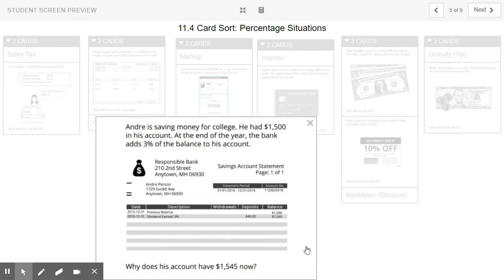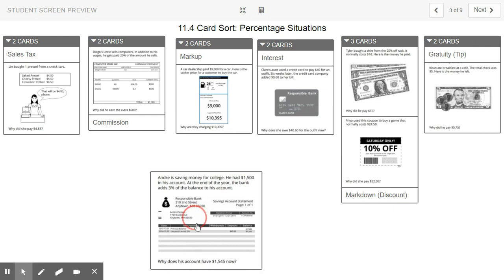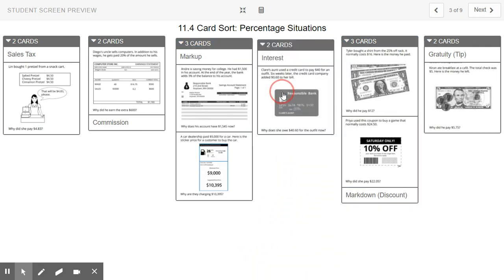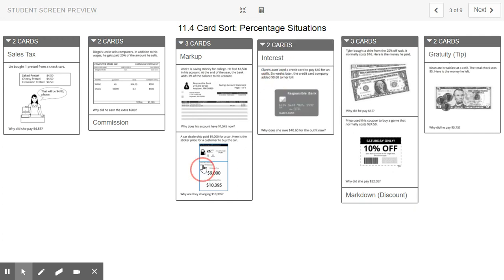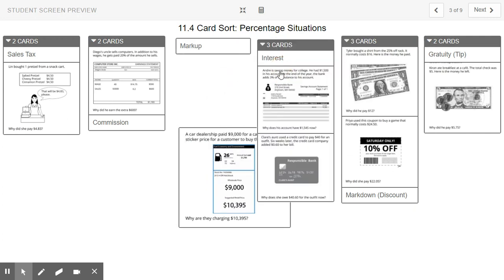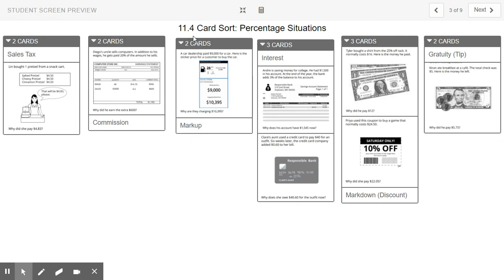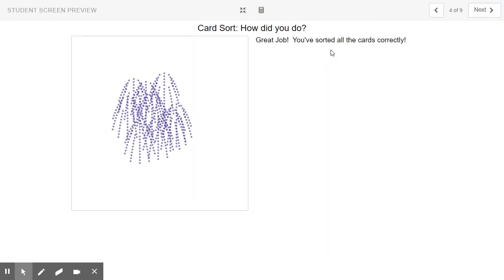This is an example of good interest for you, right? So they're adding this 3% interest for Andre putting his money in their bank. So that's going to go here. Whoops. Not where I put it. It's going to go into interest. Okay. So let's double check. Our next slide tells us, all right, good. We got them all right.